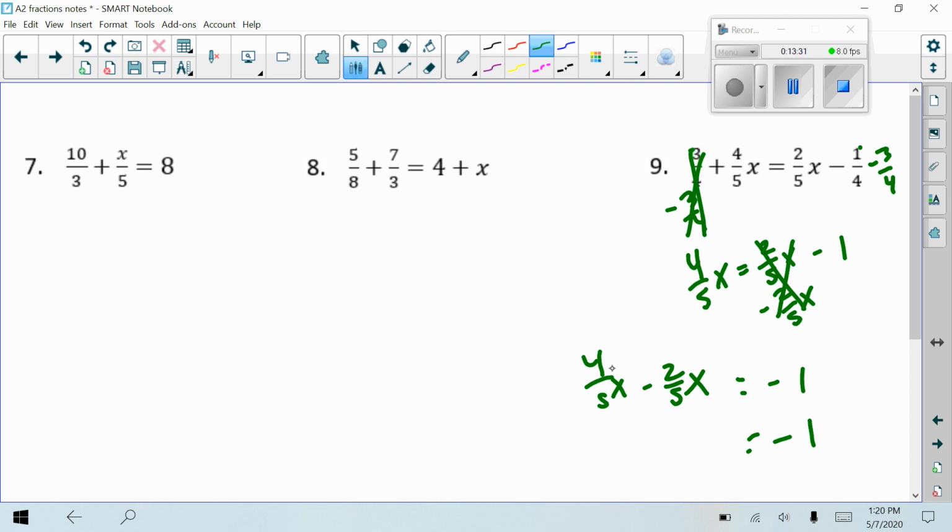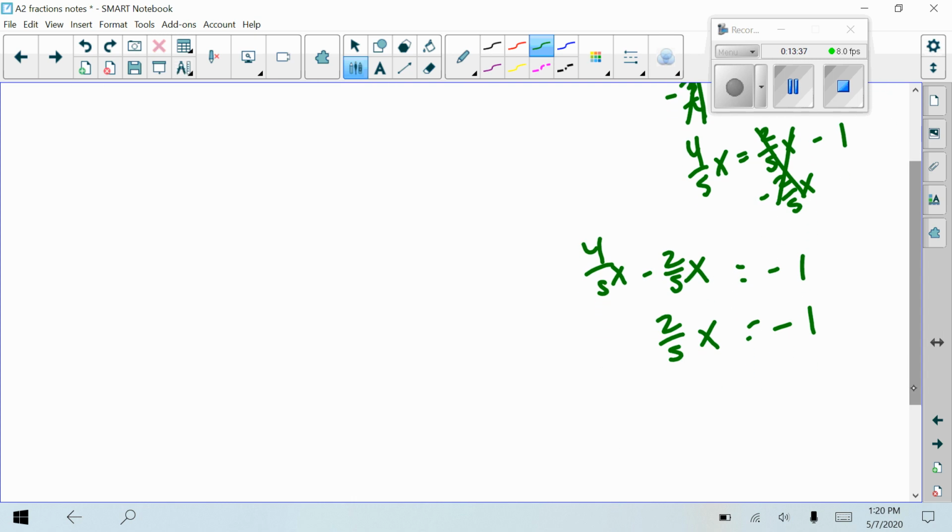They have a common denominator, so 4 minus 2 is 2/5 x. Finally, we've got to get x by itself. Remember, it's being multiplied, so to get rid of multiplication of a fraction, we can multiply by the reciprocal. So that's -5/2.